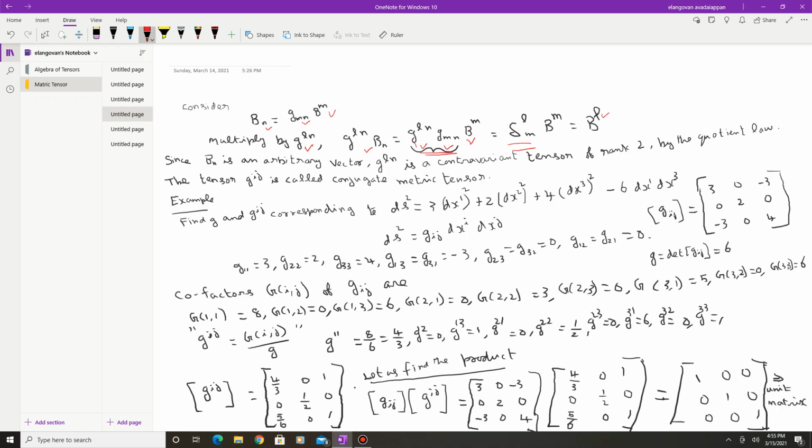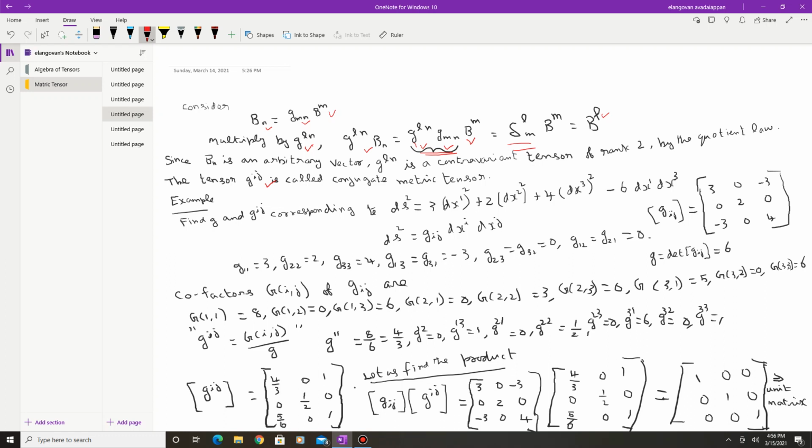If B_n is an arbitrary vector, g^ln is a contravariant tensor of rank 2 by the quotient law, and the tensor g^ij is called the conjugate metric tensor. Suppose you choose an arbitrary vector and multiply it with any entity, and if the result gives a tensor, then the entity must be a tensor.